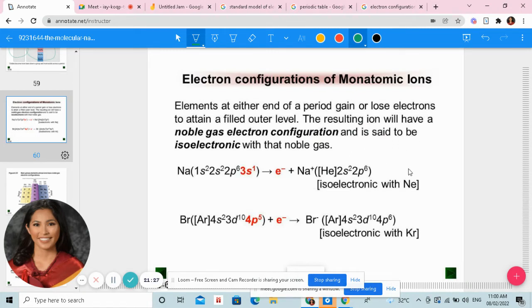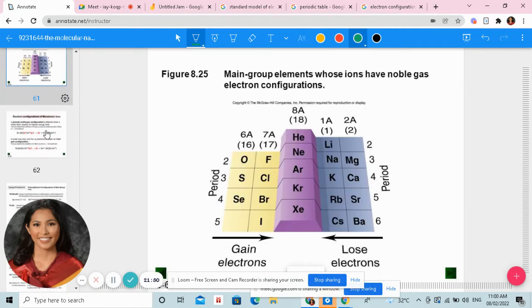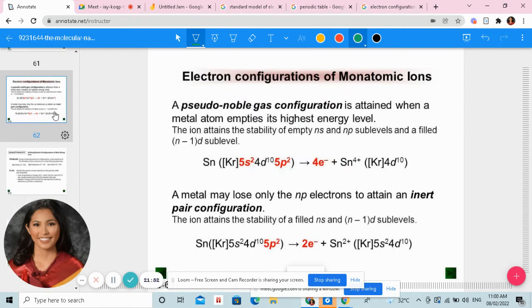Okay, so we have electron configuration. We know this already, so we have the full configuration. We have sodium, isoelectronic. A noble gas electron configuration is said to be isoelectronic with the noble gas, meaning the same number of electrons. We also have pseudo-noble gas configurations, attained when a metal atom empties its highest energy level.